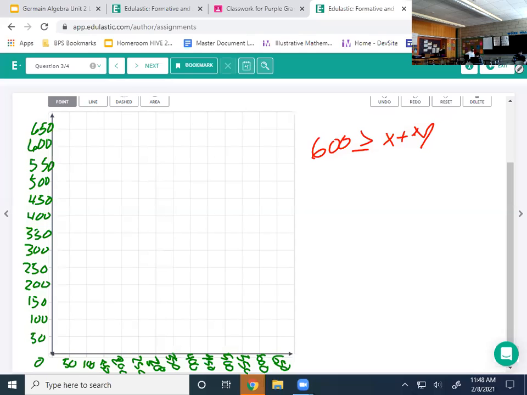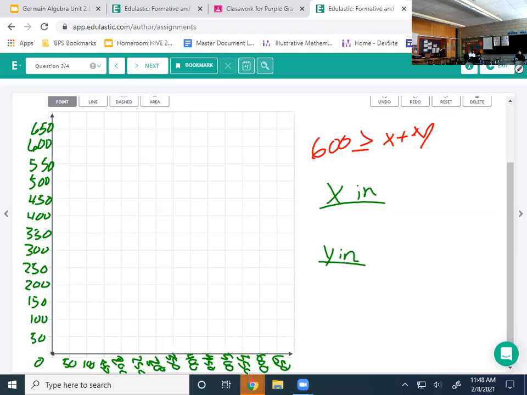What would you do to graph it? What form is it in? Standard form. And how do you graph standard form equations? Calculating the intercepts. Good. So we could say x-intercept and y-intercept.